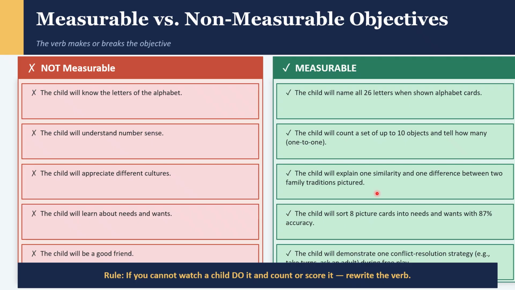They're explaining some differences or similarities that they see. I understand there's a common reason people celebrate. The way that celebration looks can be different from culture to culture, from family to family. Now I get it. If you cannot watch a child do it and count it or score it, rewrite it.